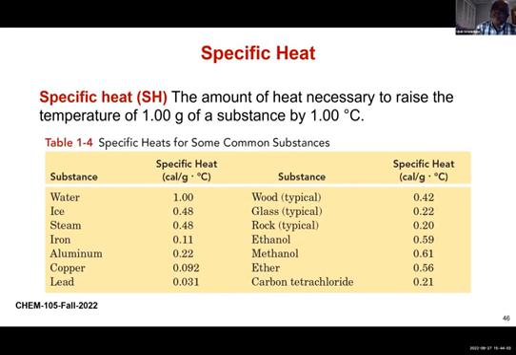So how do you calculate the heat absorbed by certain things? You use the specific heat. The specific heat of water is 1 calorie per gram per degree Celsius, the amount of heat to raise 1 gram of water by 1 degree Celsius. Water has the highest specific heat. We talked about it.